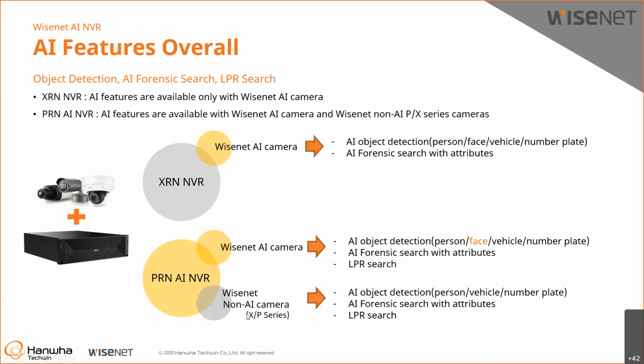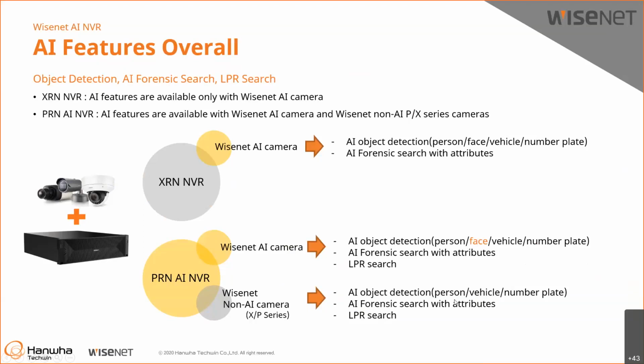And non-AI cameras can also do AI object detection, forensic search, and LPR search as well. So the only difference between an AI camera and a non-AI camera is face detection. With an AI camera, you can use face detection as well, but with a non-AI camera, you cannot use face detection.